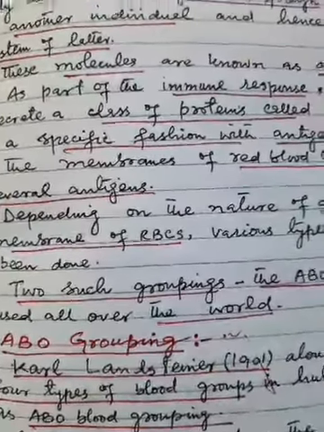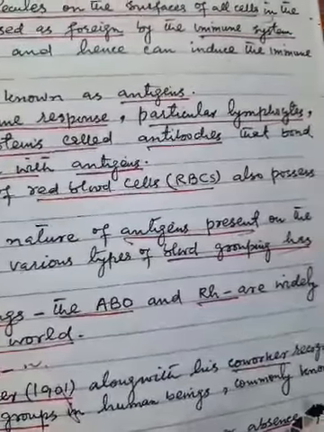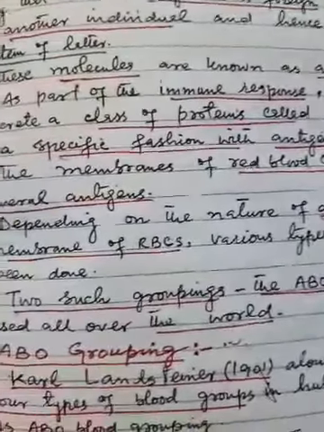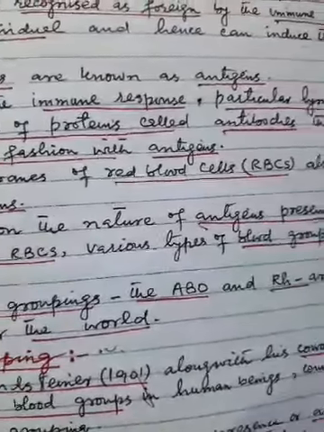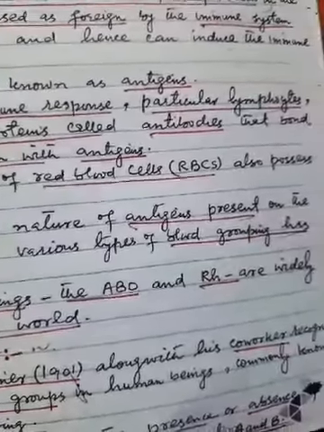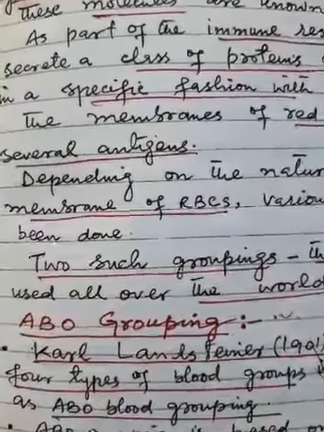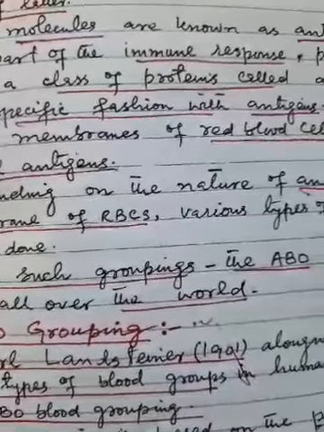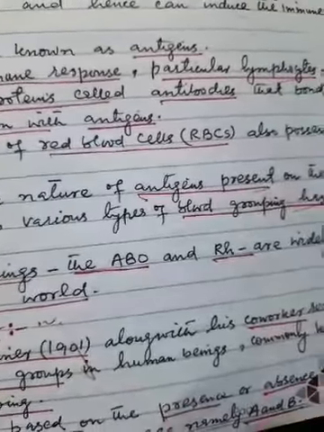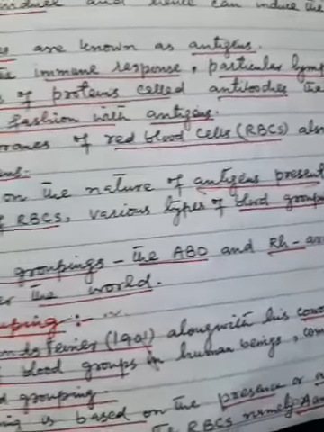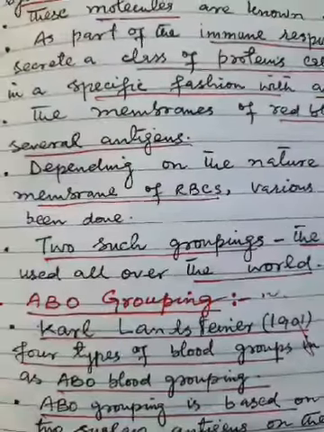Depending on the nature of antigens present on the membrane of RBCs, various types of blood grouping have been done. Two such groupings, the ABO and Rh, are widely used all over the world.